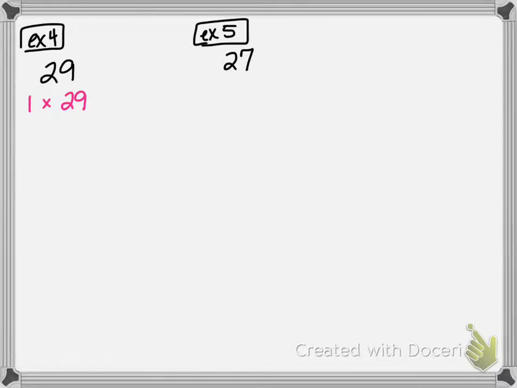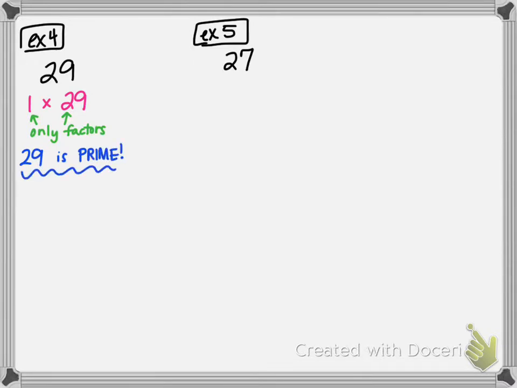It doesn't divide by 3 or 4 or 5 or 6 or 7 or 8 or 9. I can't think of any other numbers, guys, that are factors or multiply to be 29. So the number 1 and the number 29 itself are my only factors. So because it follows the rules, it's a number greater than 1, and only that number itself, 29, and 1 are the factors, 29 is prime.